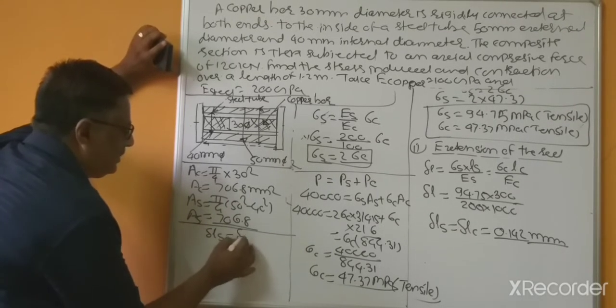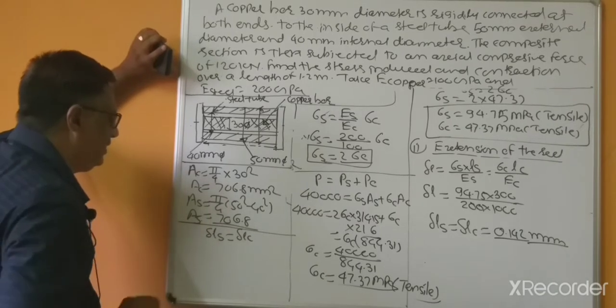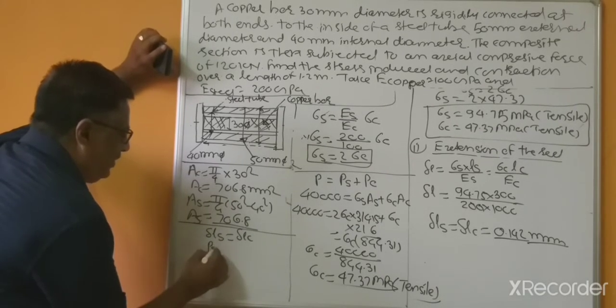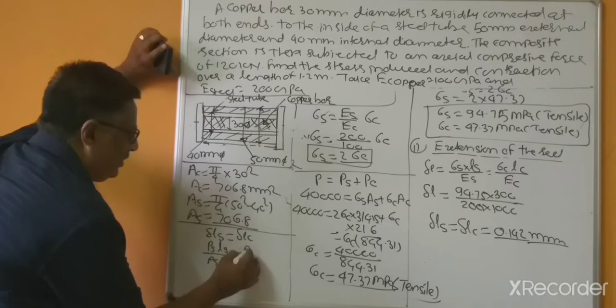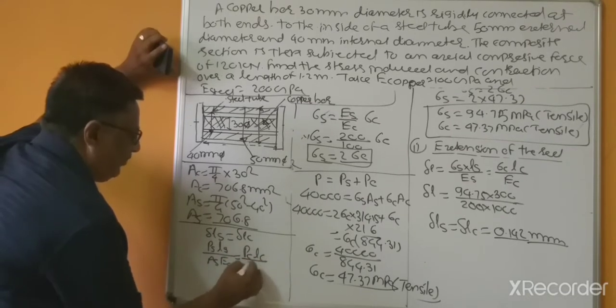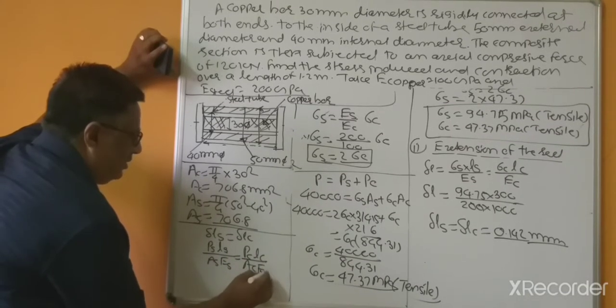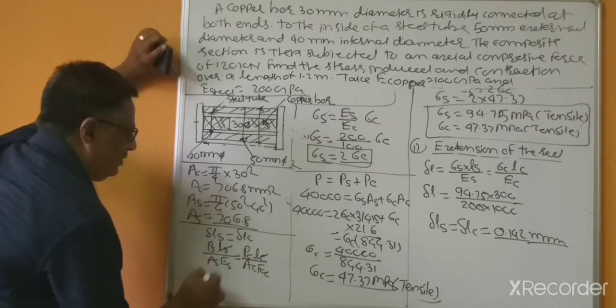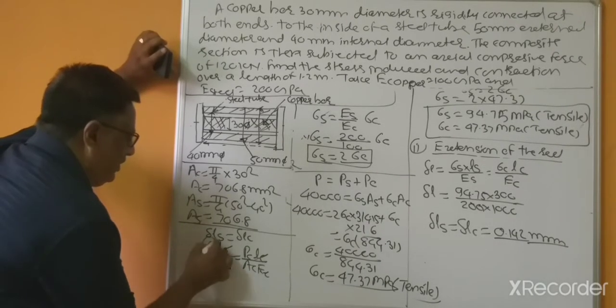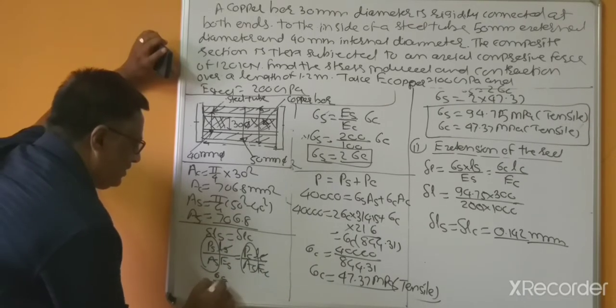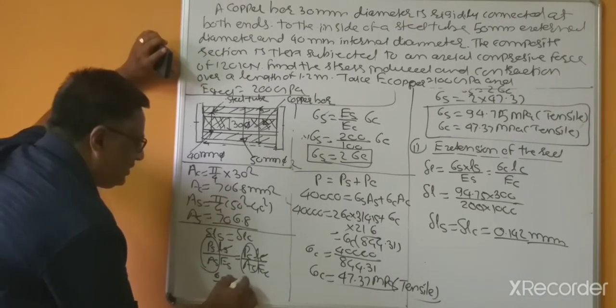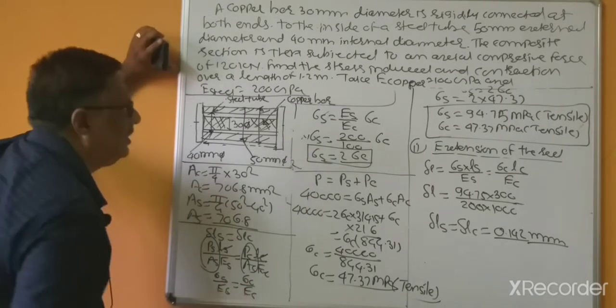Delta LS equal to delta LC. So this is PS LS by AS ES equal to PC LC by AC EC. The length will get cancelled, and PS by AS and PC by AC is nothing but sigma S divided by ES and sigma C divided by EC.